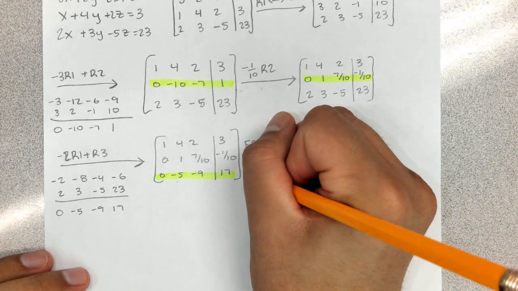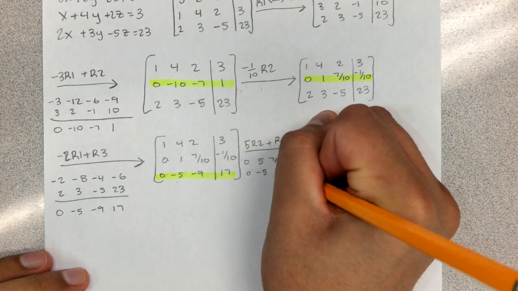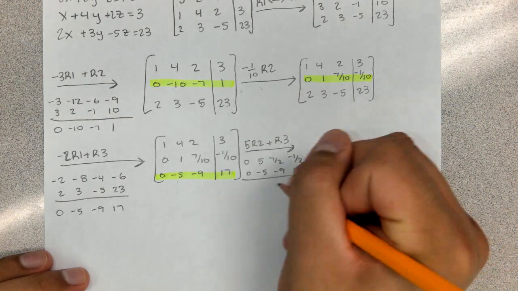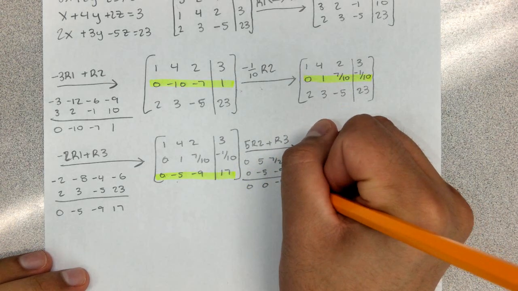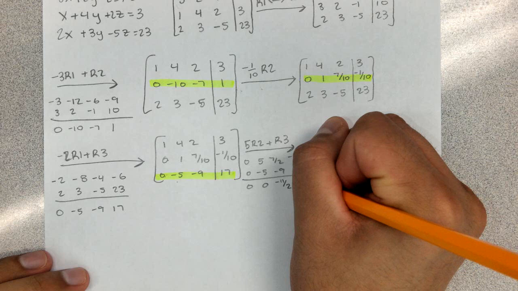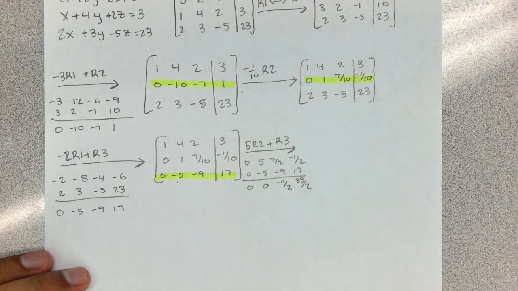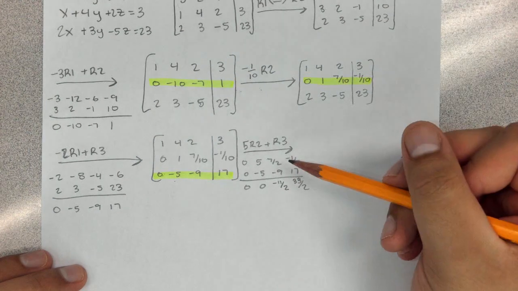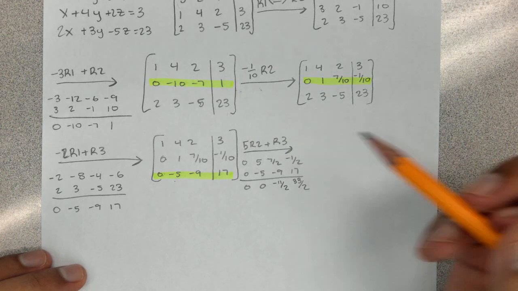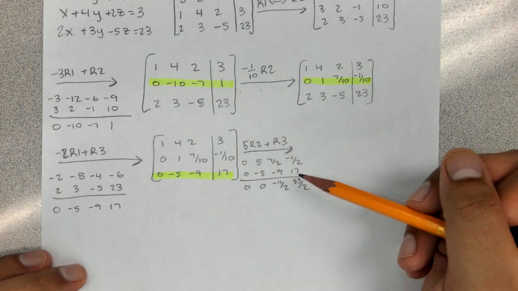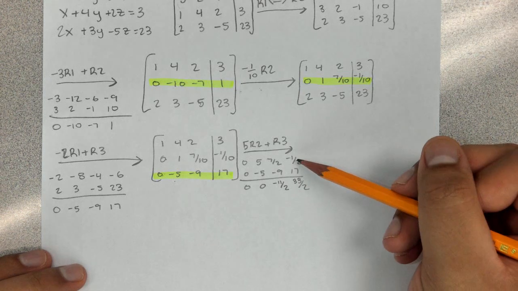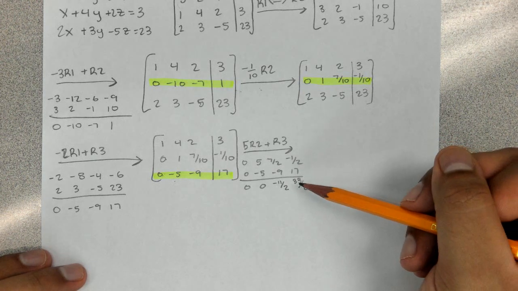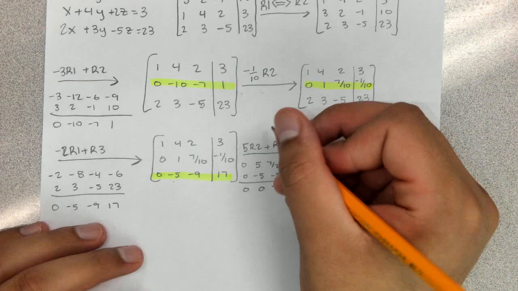And then the third row right now is 0, negative 5, negative 9, 17. Add these: 0 plus 0 is 0, 5 minus 5 is 0, 7 halves minus 9 is negative 11 over 2, negative a half plus 17 is 33 over 2. So this is going to be the new third row.